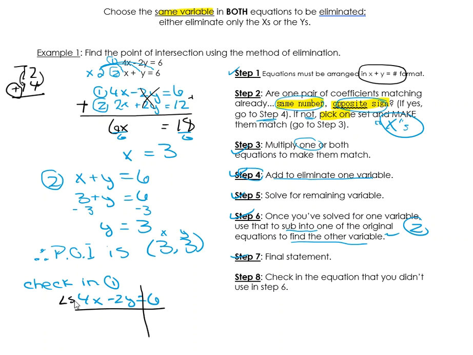This is my left side, this is my right side. So I'm checking the left side here. The left side is 4 times x, my x is a 3, minus 2 times y, my y is a 3. I get 12 minus 6, which is 6. That's my left side, and my right side was just a 6 to begin with. So that means that I've checked my answer, and I know the point of intersection is (3, 3).